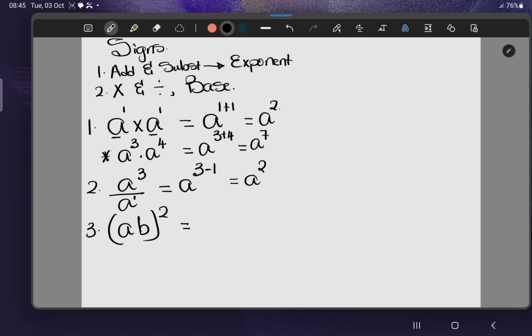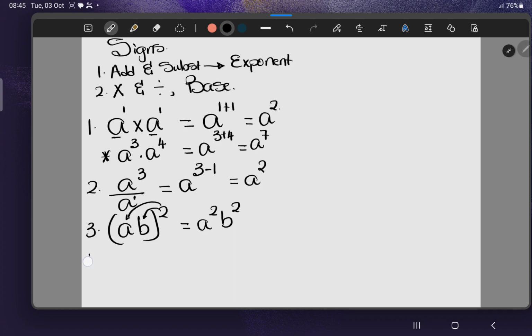Because of that, if you have multiplication and division, then you can take the exponent inside. So that will be a squared. Then you take it again. So that will be b squared. So that is a very important law. You can only do that if you have multiplication or division.